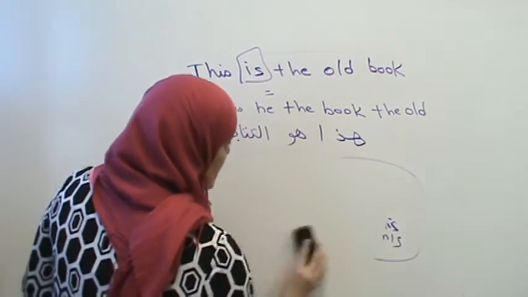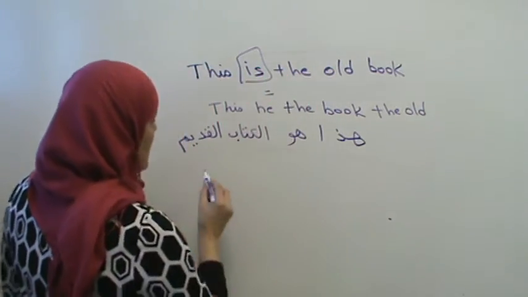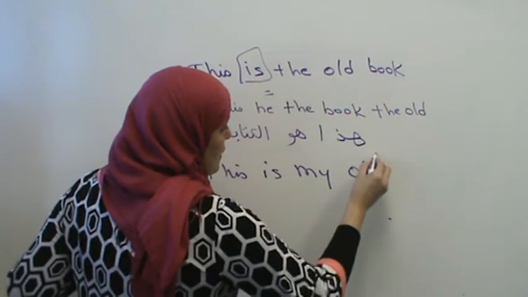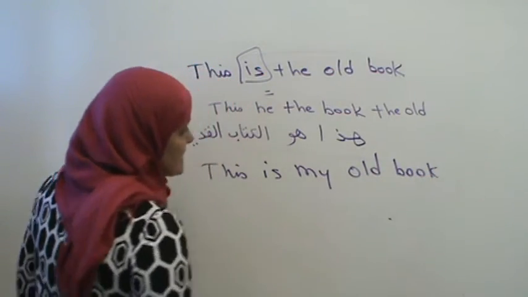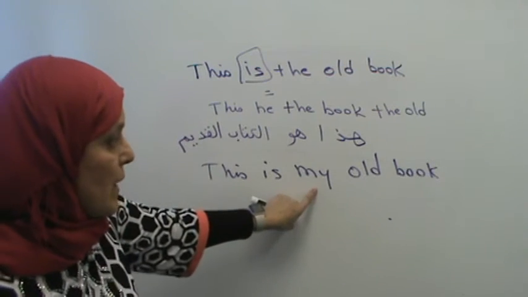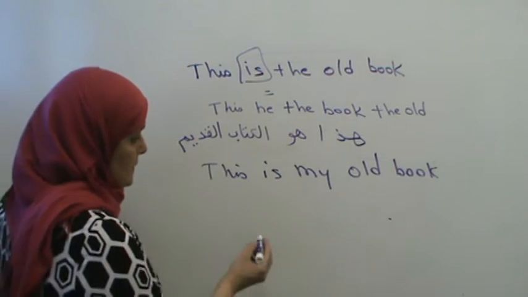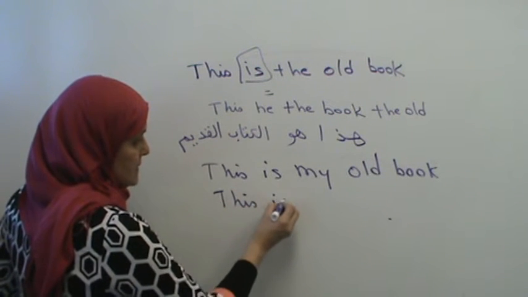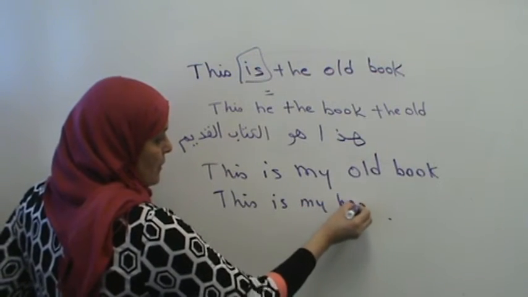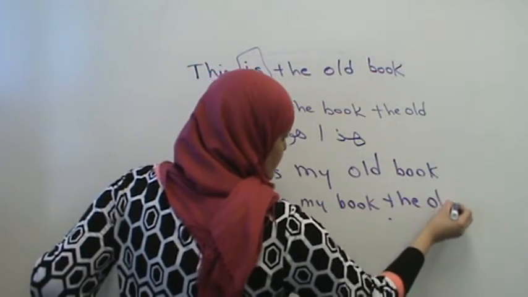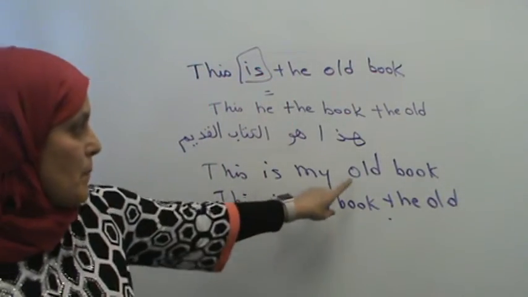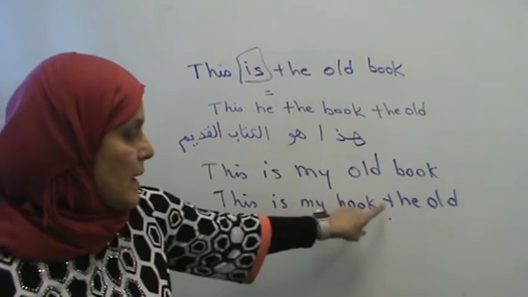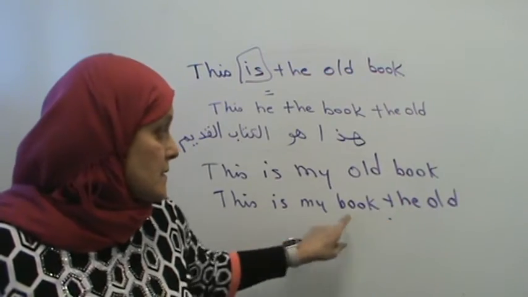Okay, so هذا. Now, I want to say this is my old book. It's the same structure. What is different is the pronoun. So you can't say this is my book, the old, because the book is defined by my possessive pronoun, and of course the old is connected.